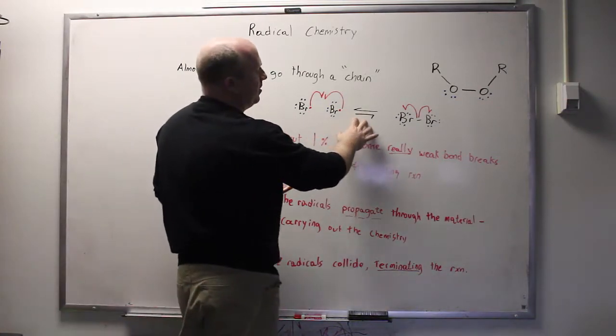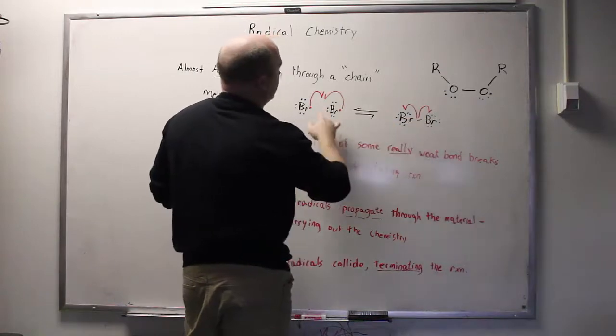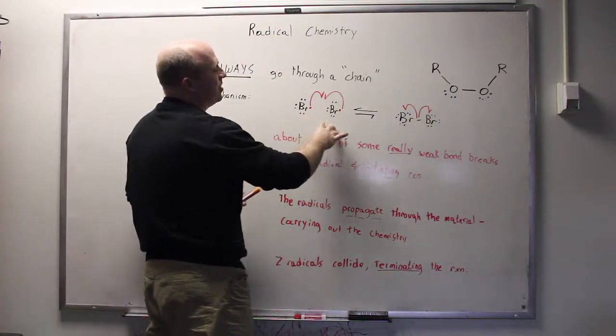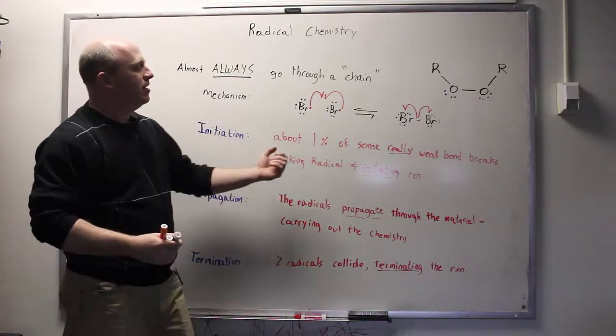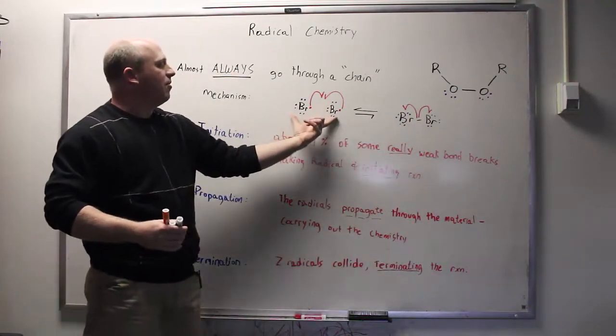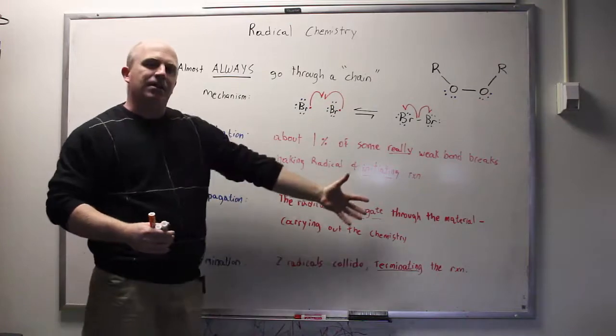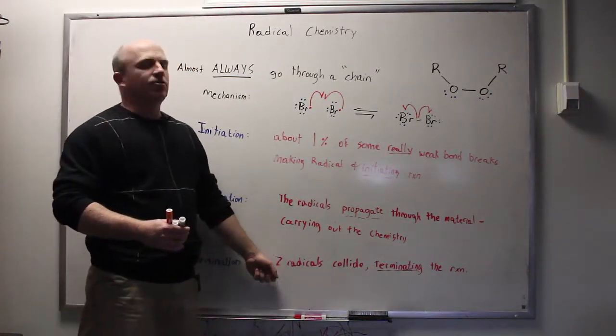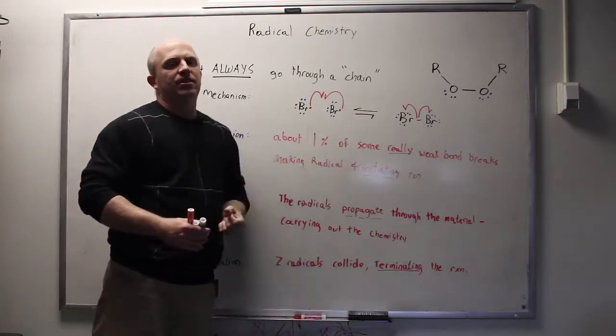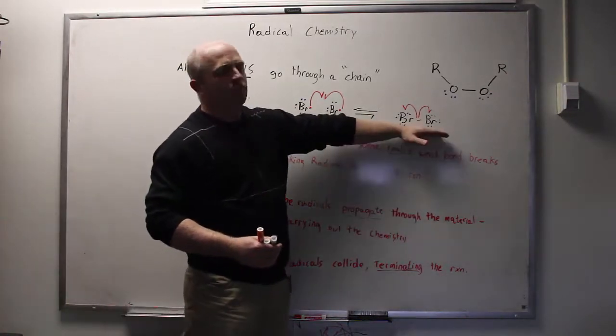And this is going to be an equilibrium process. You can fragment this, but clearly if the 2 radicals encounter each other, they will recombine. So this is back and forth. So what we have is initiation. A small amount of these fragment to form these radicals, which then participate in the rest of the reaction, but eventually the mechanism is terminated because 2 radicals collide, which then uses up the radicals and reforms a neutral stable species.